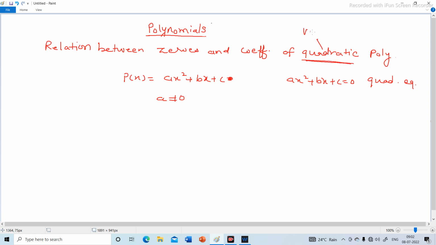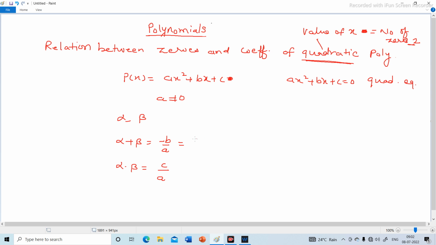The number of zeros will be 2. So here there are 2 zeros. Let alpha and beta be the zeros of this polynomial. So there is a relation between alpha and beta: alpha plus beta equal to minus b upon a, and alpha into beta equal to c upon a.